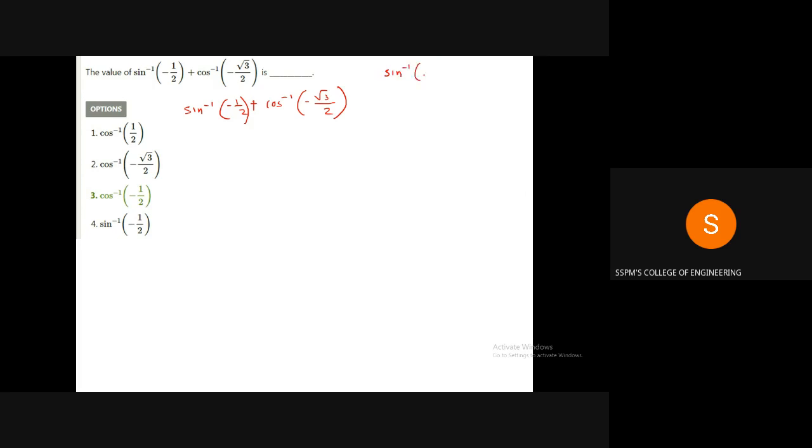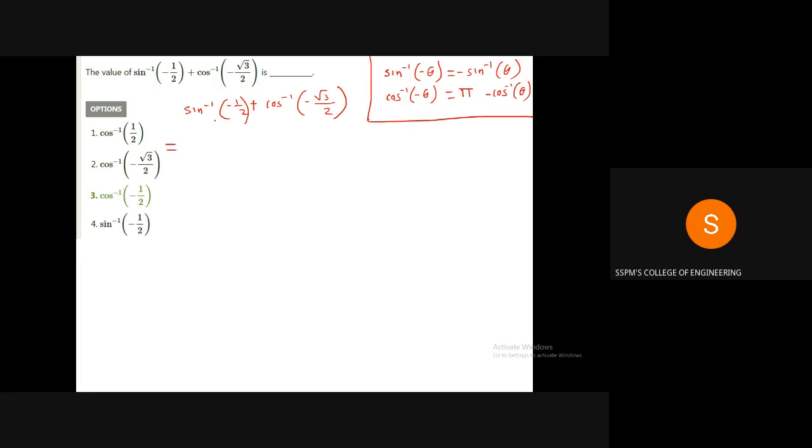Sine inverse of minus theta is minus sine inverse theta. And cos inverse of minus theta is equal to pi minus cos inverse theta. So we will use these two identities to simplify them.